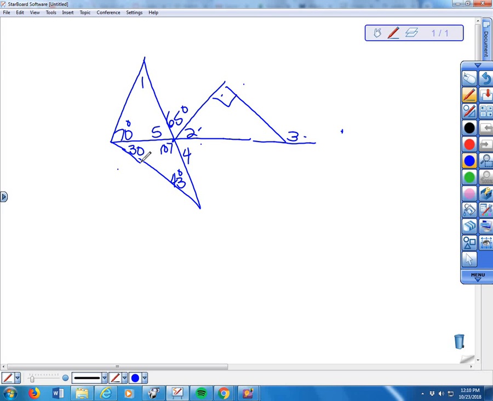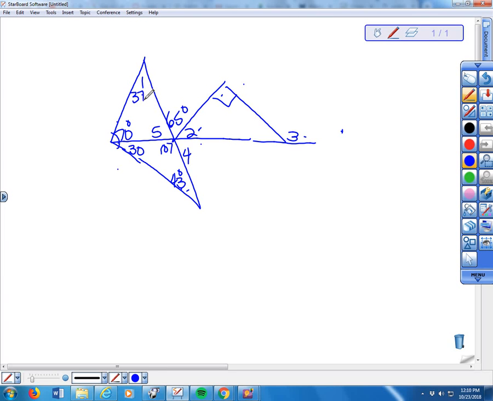Now I know this big angle here is 100, right? And I know this is 43. So this plus this is 143. That'll give me 1. See the big triangle? So what's 143 is what? 37? 143.